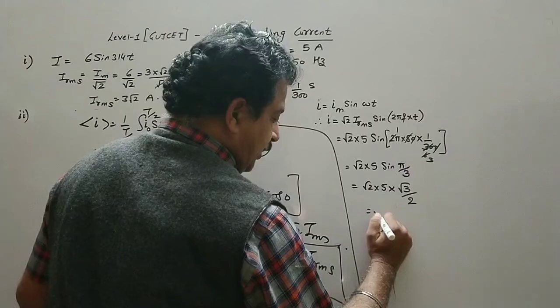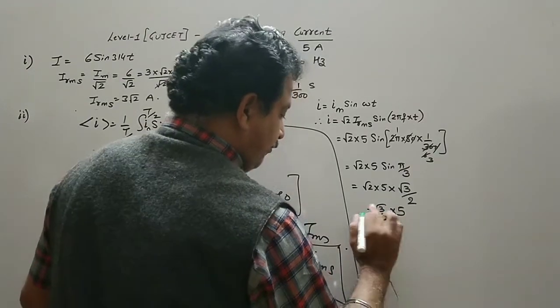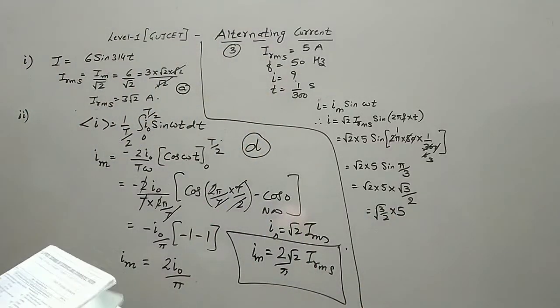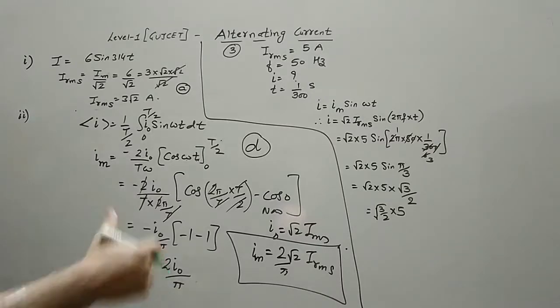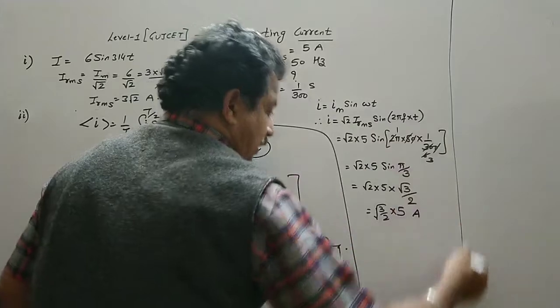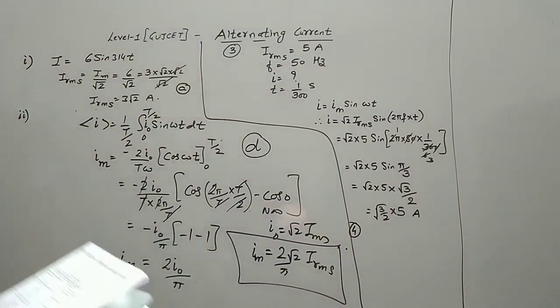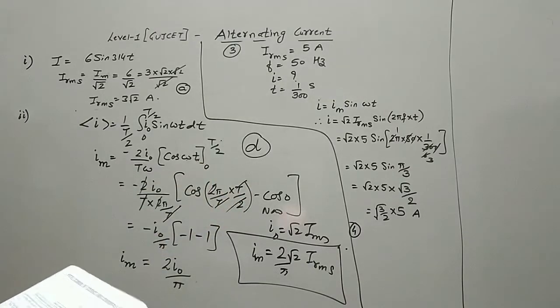So we are left with root 3 by 2 multiply by 5. So answer is given in the option. So you do this calculation and find out the correct option here. You can use the calculator to find out this value.